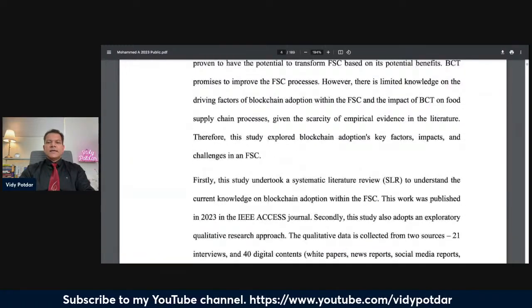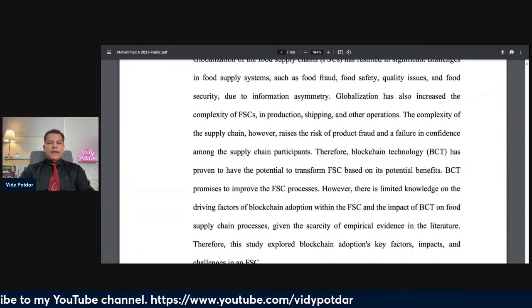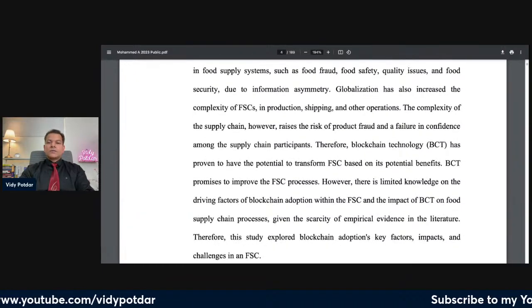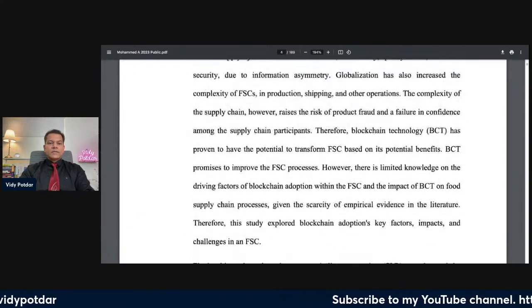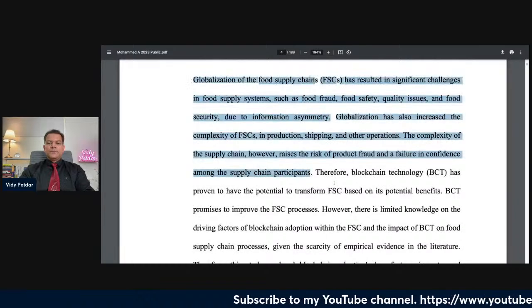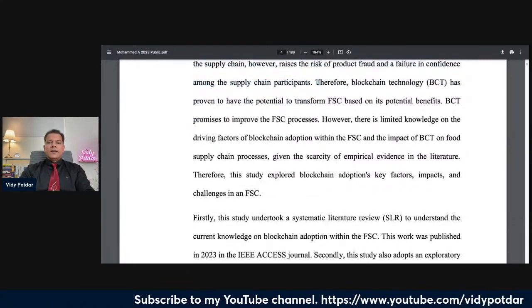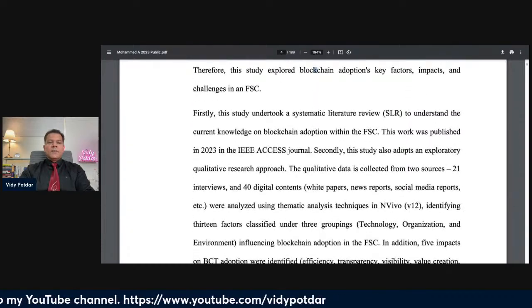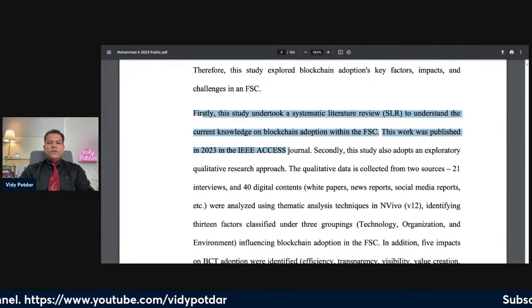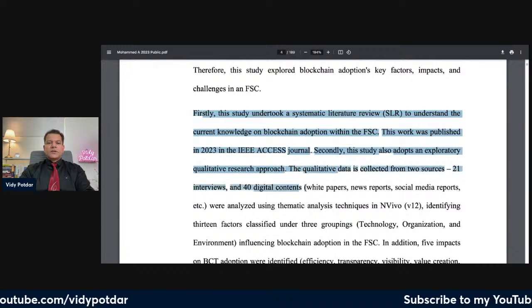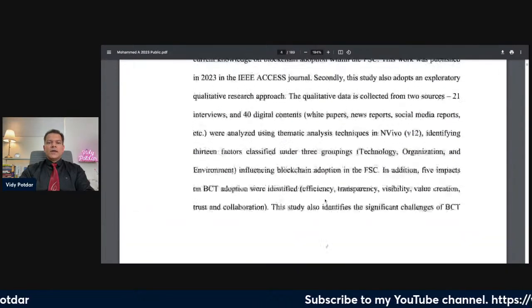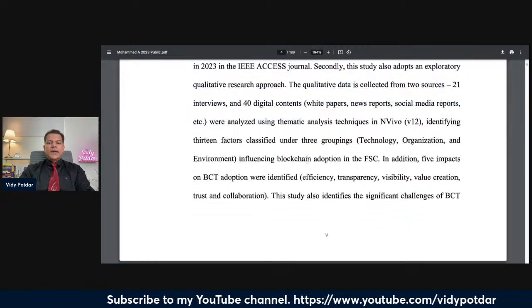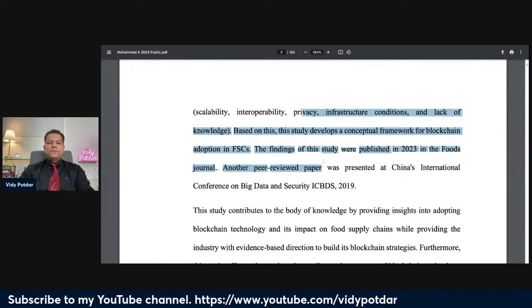So what you can see is, by reading the abstract, I get a very good and reasonable understanding of what the problem was, then the research gap, then the methodology. So the systematic literature review methodology and the qualitative research methodology are explained, and then the findings are reported.